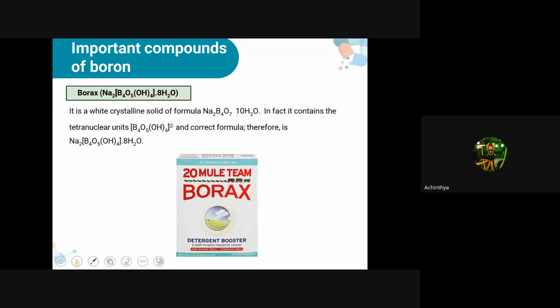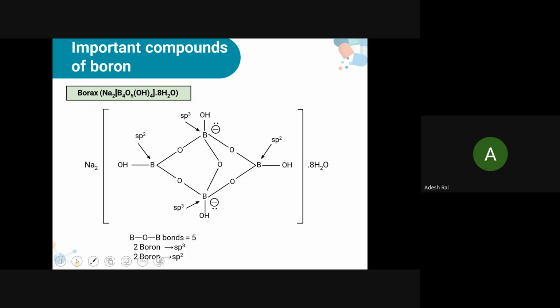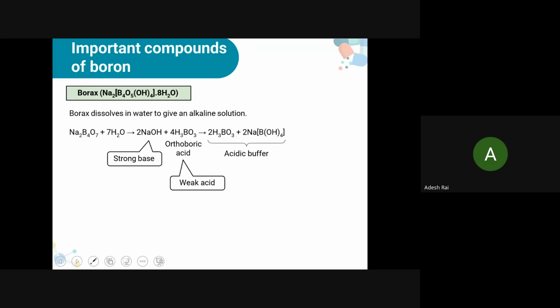So we started with borax, and this is the introductory slide. What is the formula of borax? After that, we saw the structure of borax, in which it is also important to know how many B-O-B bonds there are. Total 5 B-O-B bonds. There are 4 boron atoms, 2 are sp3 and 2 are sp2 hybridized. If you dissolve borax in water, we get an alkaline solution. Why?